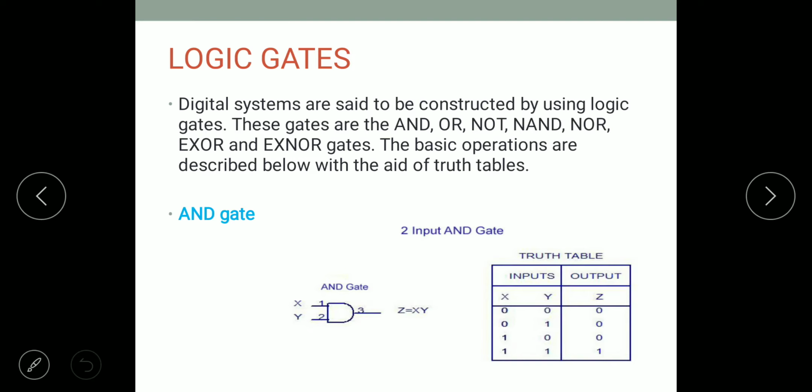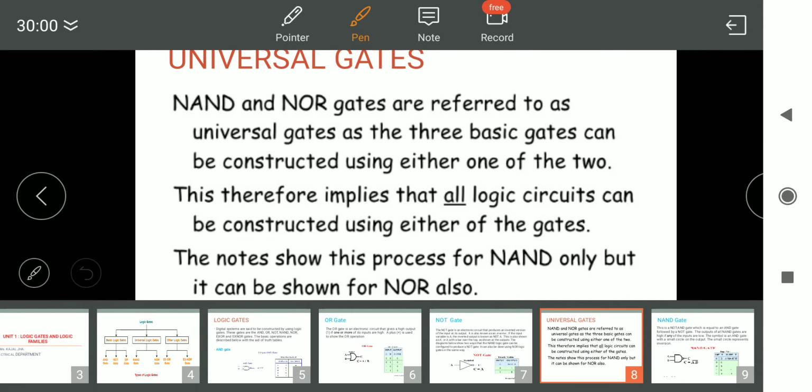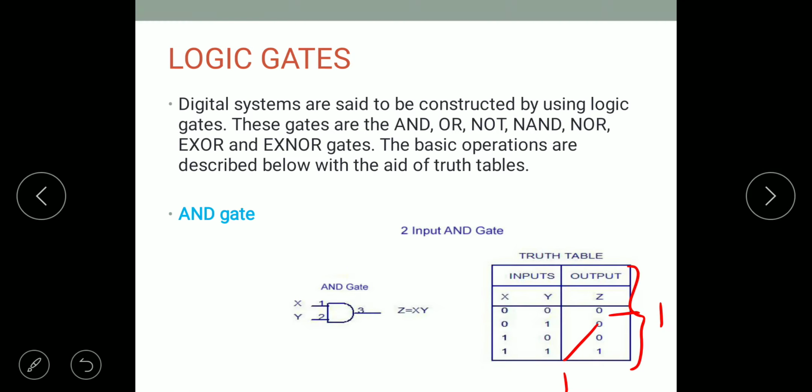The output for the AND gate here is 0, so this 0 becomes a 1 for the NAND gate, and this 0 also becomes a 1, because the definition says not AND. So if the output of the AND gate is 0, the output for the NAND gate is 1.